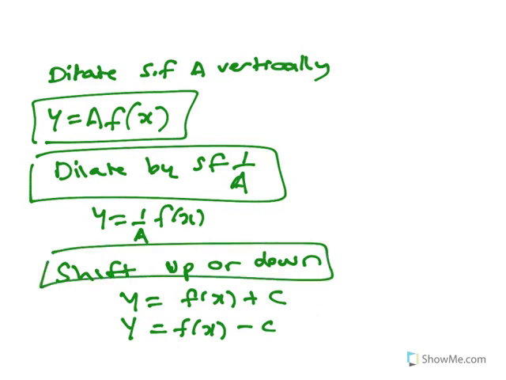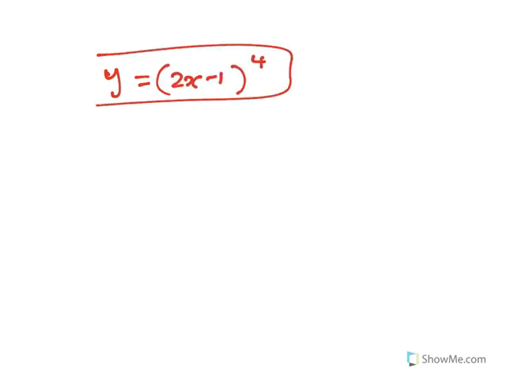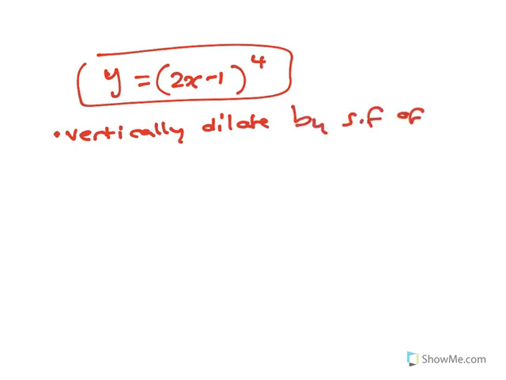So the order of the dilation is quite important. Let's just say we have 2x minus 1, and we're going to do that to the power of 4. So we're going to vertically dilate by a scale factor of a third, then shift vertically up by 5.